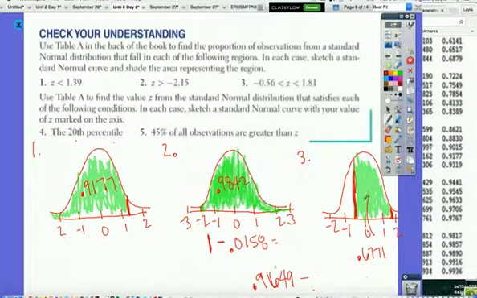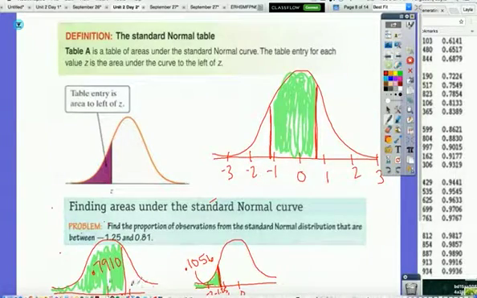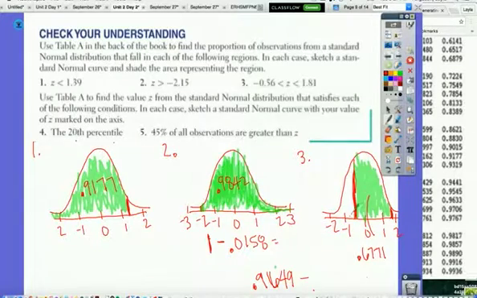And then you would subtract out anything that was to the left of the negative 0.56. So it would be like this one that we did over here, where you had this part included here, but definitely not included here. So you would need to find everything to the left of negative 0.56.